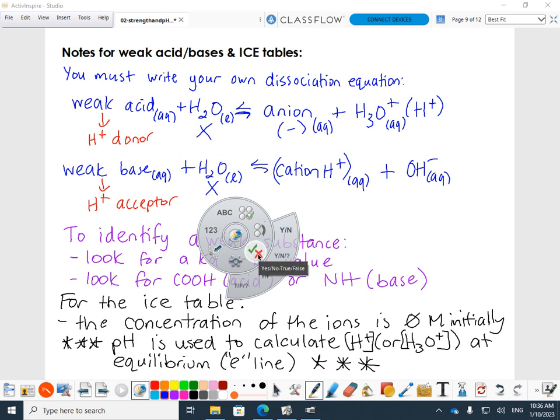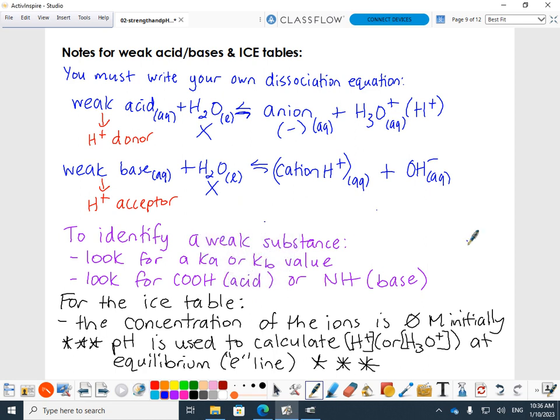Okay, so again, lots of stuff we could do with very little given information. Once you write the dissociation equation and build your ice table, use the formula sheet to help you solve your problem.